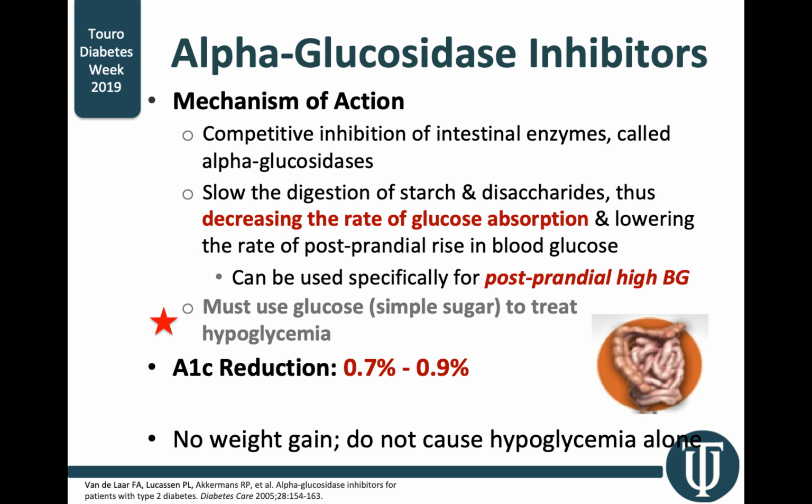So for those who are on this medication, you always have to tell them to use glucose tabs or glucose gel. Any glucose would be fine. In terms of A1C reduction, you might see about 0.7 to 0.9% reduction. Because of how this medication works, there's no weight gain, and they usually do not cause hypoglycemia if used alone.